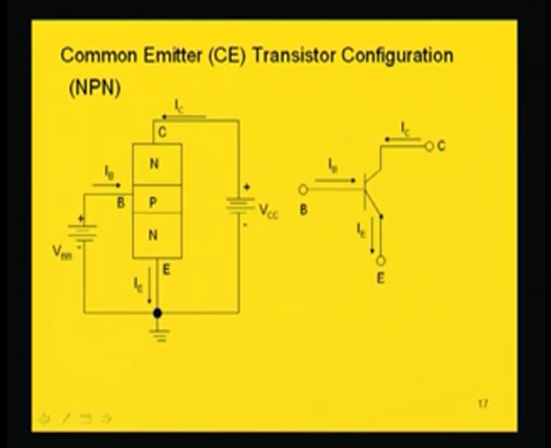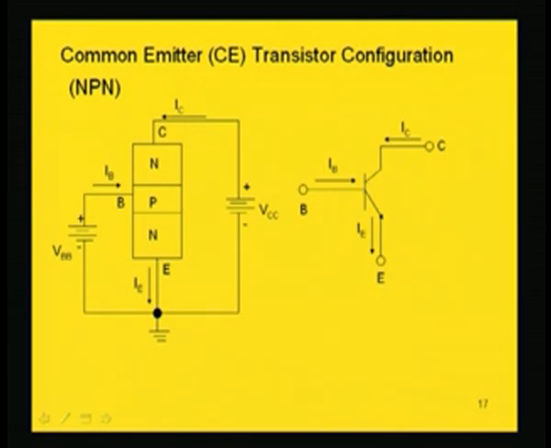So, that this region emitter base is forward biased, and collector base is reverse biased, it is done by VCC. So, positive is connected to N, negative is grounded and connected to emitter. The symbolic representation of common emitter transistor using NPN configuration is this.